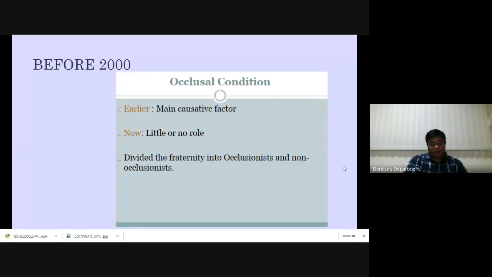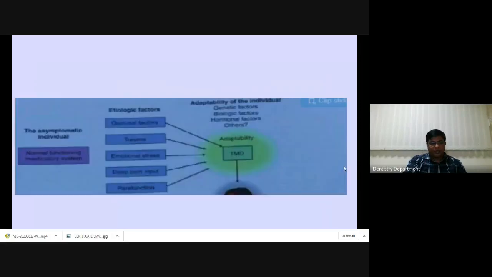A famous prosthodontist, Okeson, is an occlusionist who used to substantiate that TMD is caused mainly by problems with occlusion. But that is also outdated. So what are the causative factors of TMD? As discussed, they thought it was occlusal factors, trauma, emotional stress, parafunctional habits, etc.